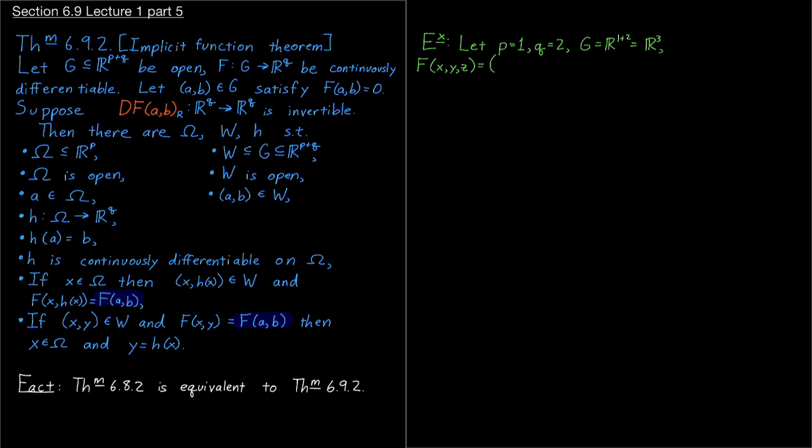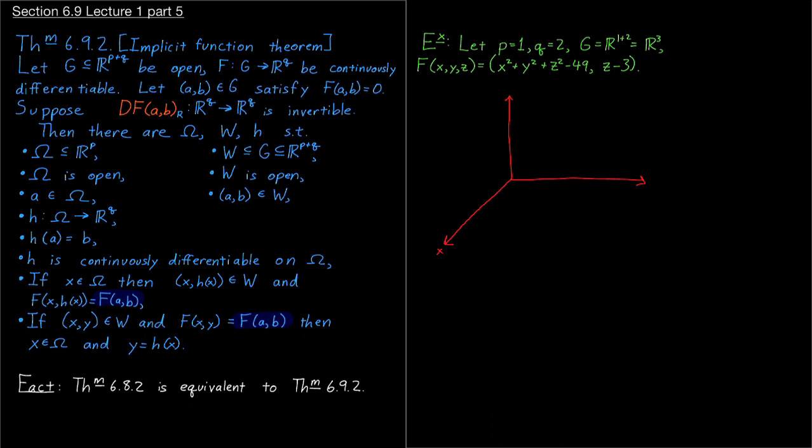This is going to be a vector-valued function, so its first component is going to be x squared plus y squared plus z squared minus 49, and its last component, we'll say that's z minus 3.